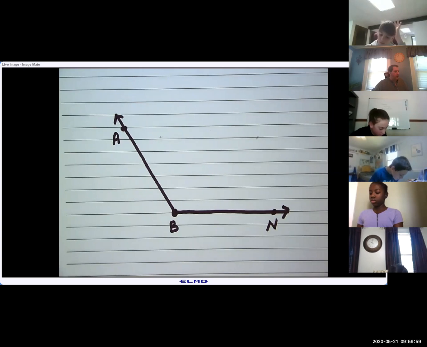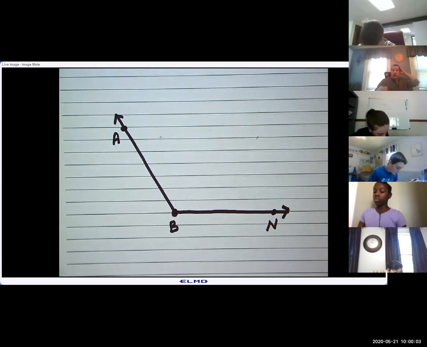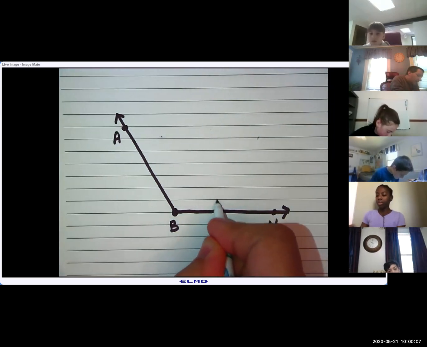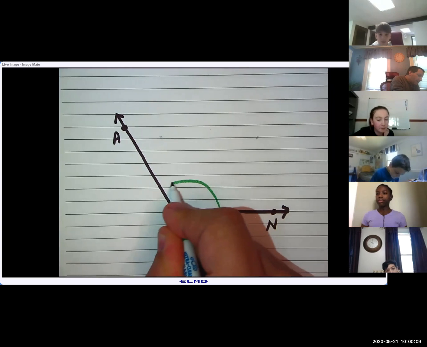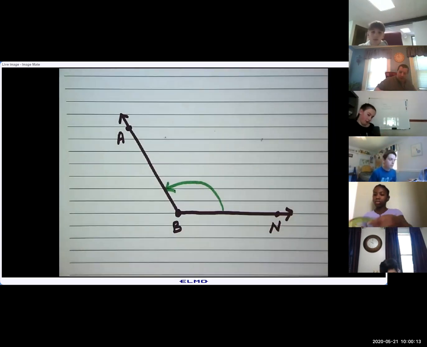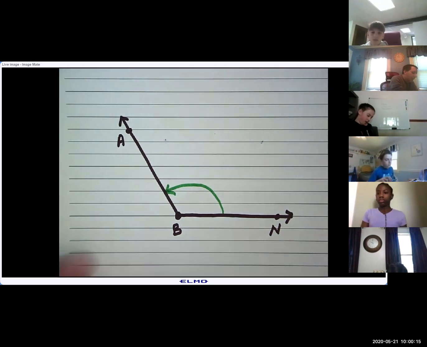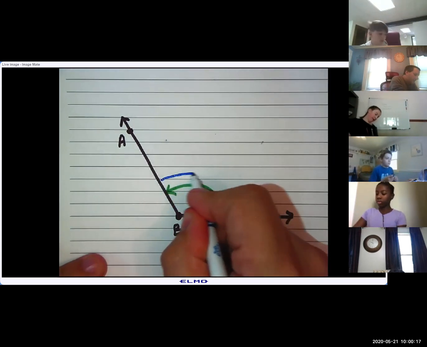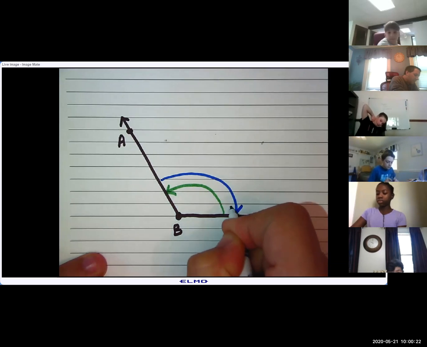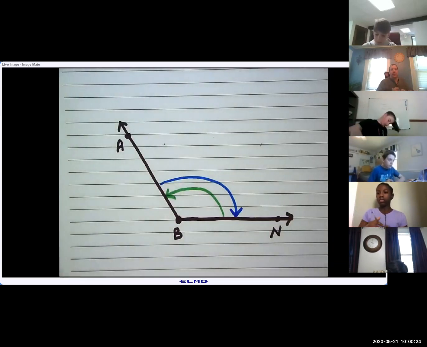So now I'm going to use my protractor. You have two choices. You can say your angle starts here and rotates this way. Another option is you can say your angle starts here and goes this way. Either one is perfectly acceptable.